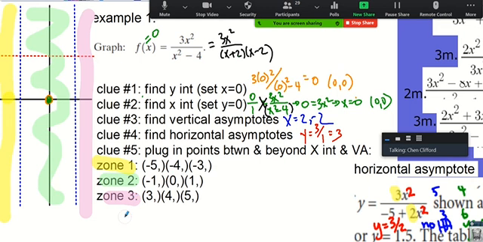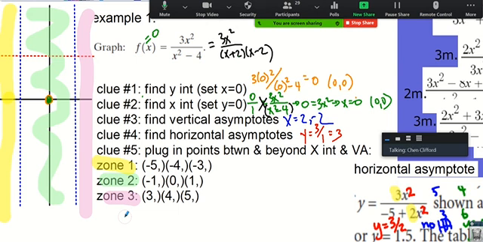Now, we're basically going to pick points in zone 1, 2, and 3. We're going to create some points from zone 1, 2, and 3, and with those points, we're going to guesstimate how the graph is going to look. So this is what I'm actually going to do.